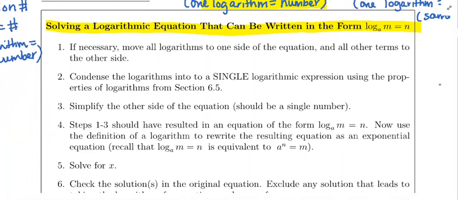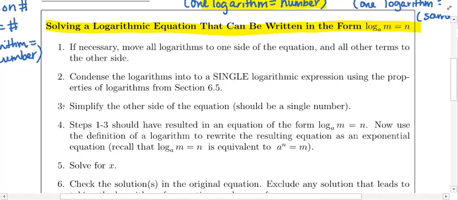Your equation may come with multiple logarithms. The key is being able to turn that equation into the workable format: one logarithm is equal to a number. To do that, you're going to start by moving everything with a logarithm to the left side, and then everything else that's just a number to the right side.